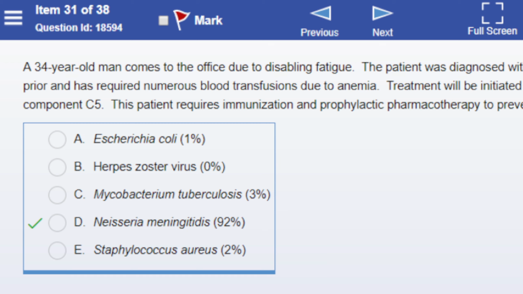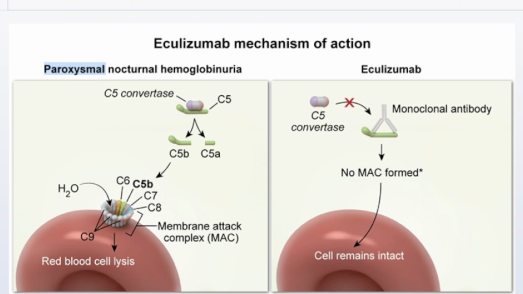Let's read about it. This graphic tells you the eculizumab mechanism of action. Remember, we read that eculizumab inhibits C5 convertase. This is very important right here.